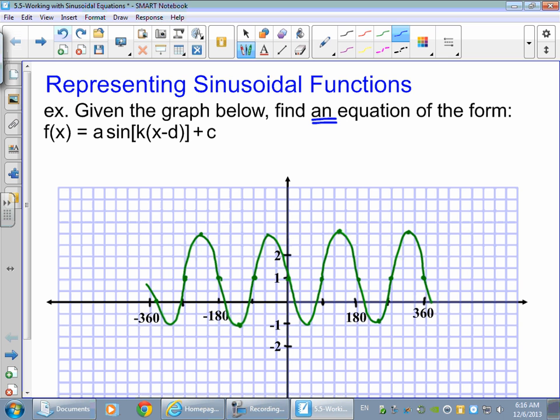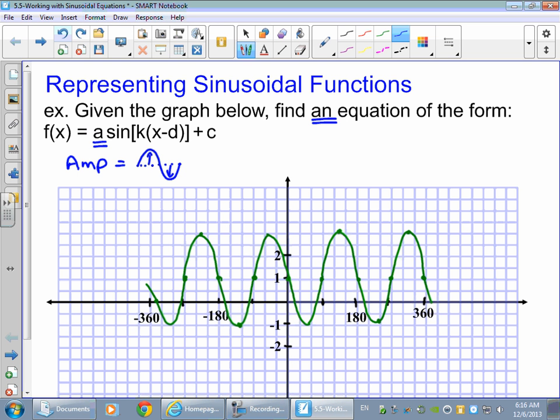So when I look at this, I see a sine and so on. Again, probably working left to right, not for any reason other than it's fairly straightforward. My amplitude, by definition, is the distance from the middle of my curve up and down.